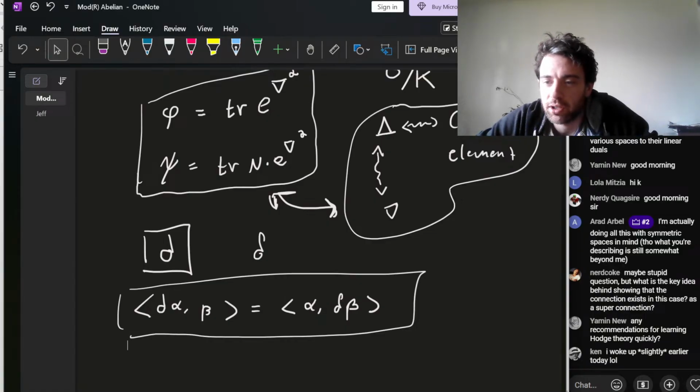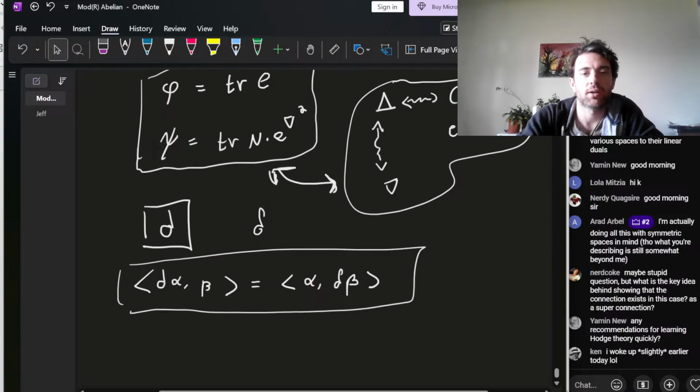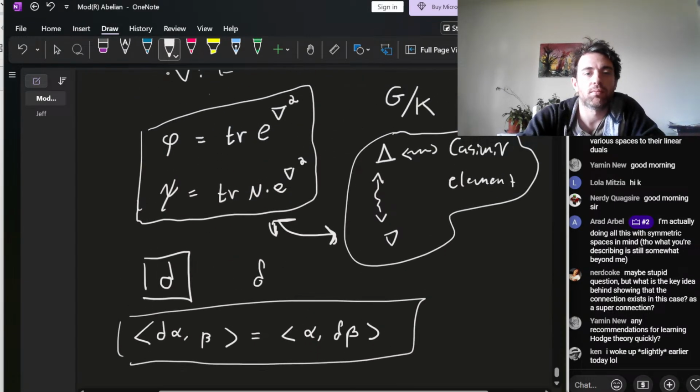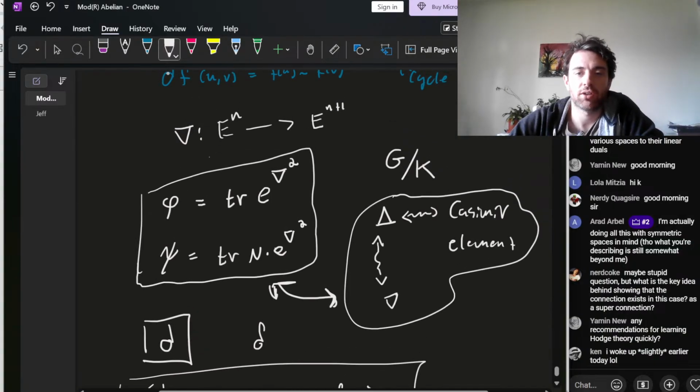Maybe a stupid question, but what is the key idea behind showing that the connection exists in this case as a super connection? Well, the key idea isn't showing that the connection exists. There are a few more ingredients that go into play here. I should say in this case, G is actually U(p,q), and K is U(p) cross U(q).